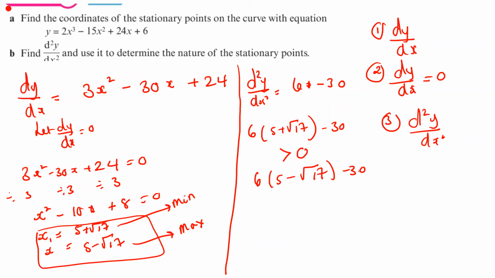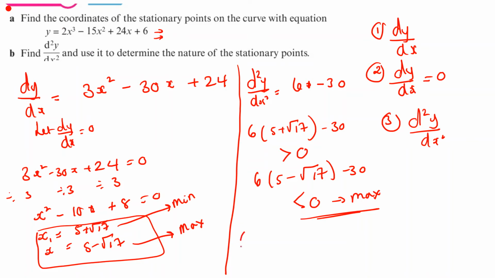That gave me an answer of about negative 24. So that's definitely less than 0. That's our maximum point. So that's basically done. We know our minimum, we know our maximum. The question wants the coordinates.